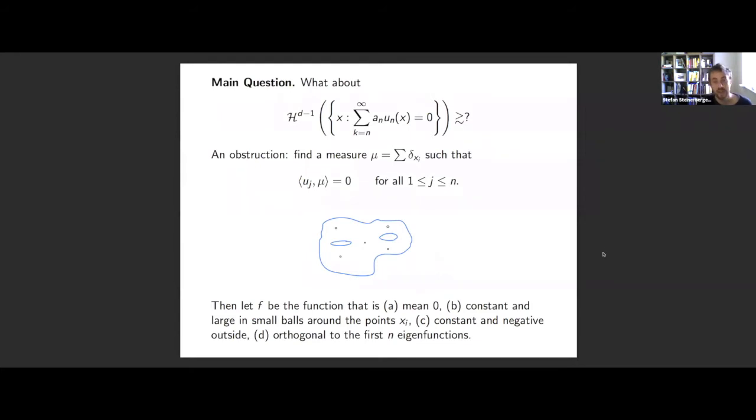Okay, so again, let's actually go to the sphere, because the sphere in this case is the nicest. We go to the sphere, and we pick a nice spherical design. A spherical design is a set of points such that the average of the first n eigenfunctions at these points is the same as the global average, which is 0.